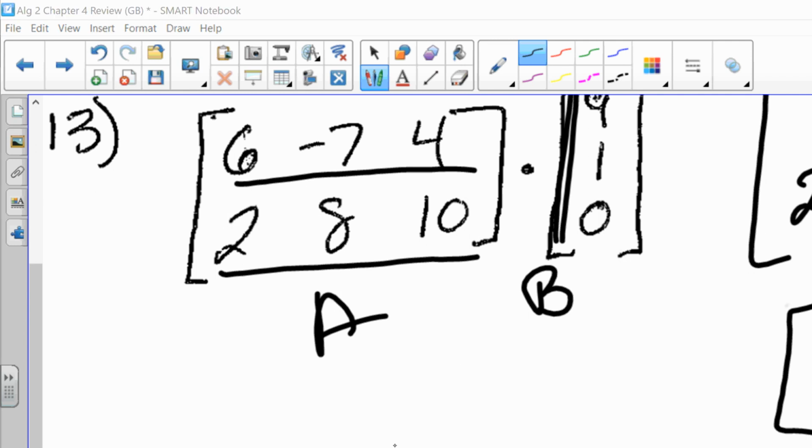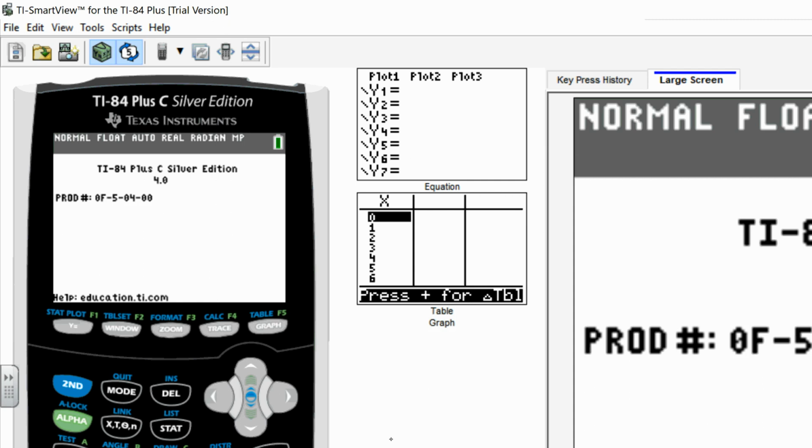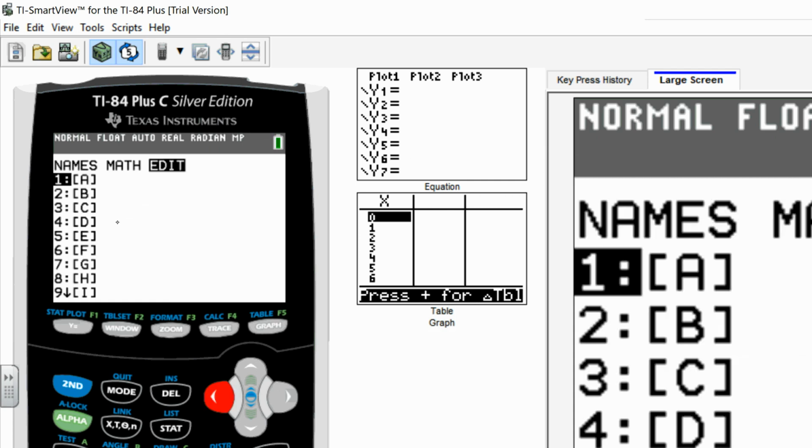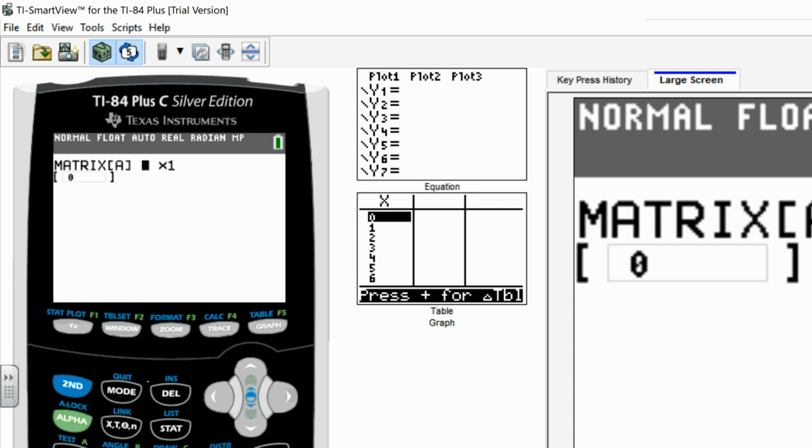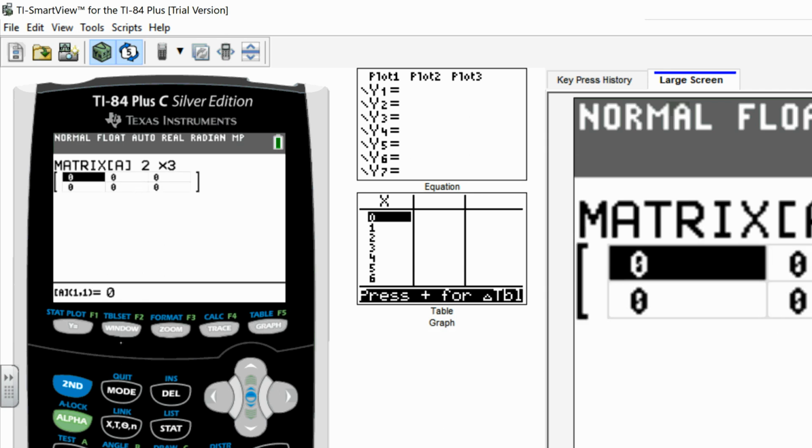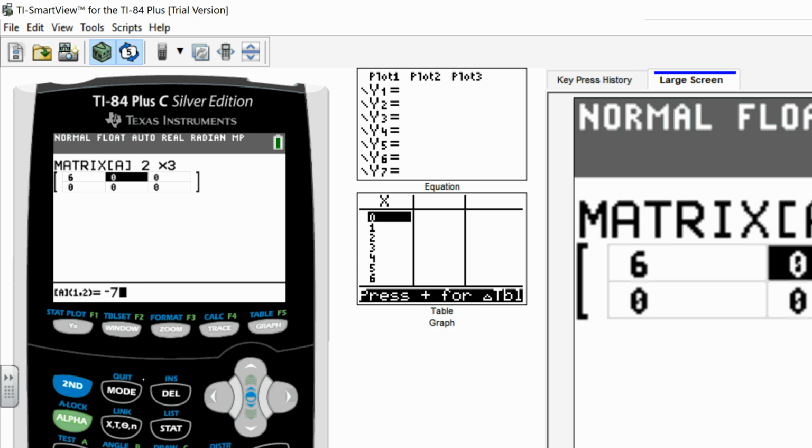In the calculator, we can do second matrix, go over to edit, and it is a 2 by 3: 6, negative 7, 4, 2, 8, 10.